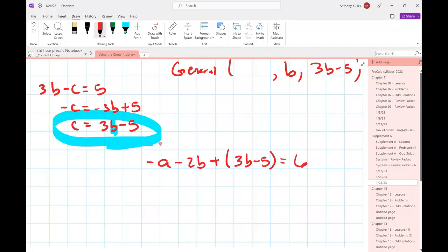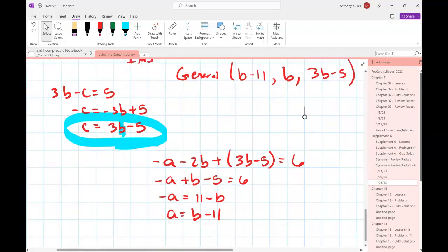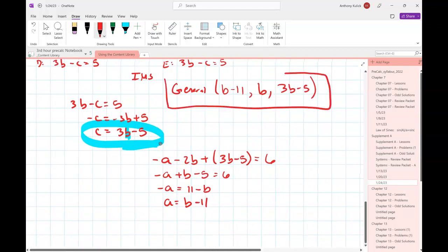That should all equal 6. So -A plus B minus 5 is equal to 6. Again, I'm trying to get the A by itself, so I add over the 5 to make 11, subtract over the B, and when I divide by -1, that gives me A equals B minus 11. Boom, done. So there's my general solution.